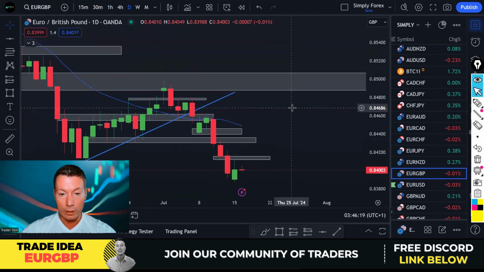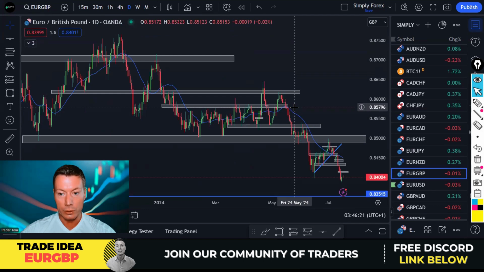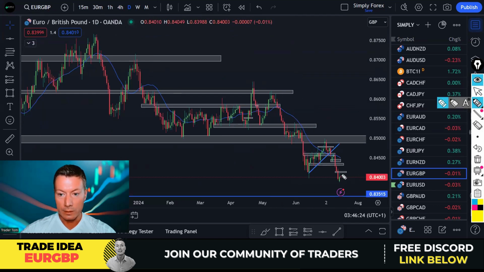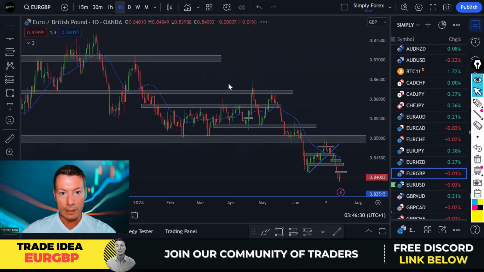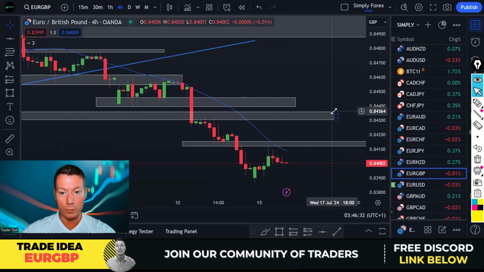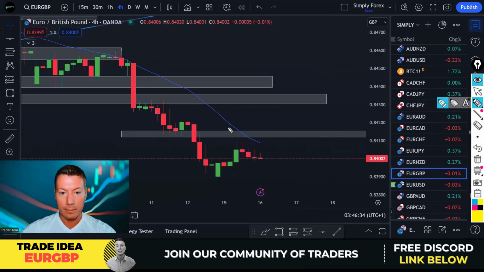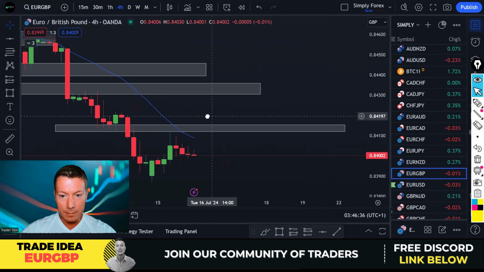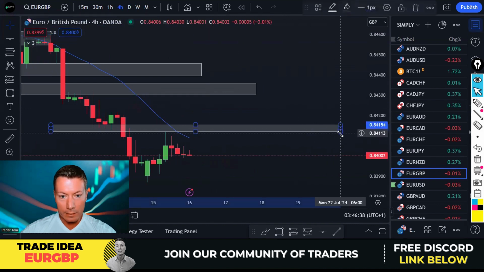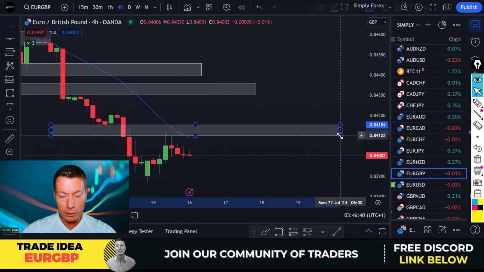So we're still looking to sell this pair. If you zoom out, guys, you can see this is a weekly level that I'm still interested in, this 8,350. If we drop down to the H4 now, because this was an H4 trade, I'm going to make this grey zone a little bit larger, just to include these last couple of wicks as well.